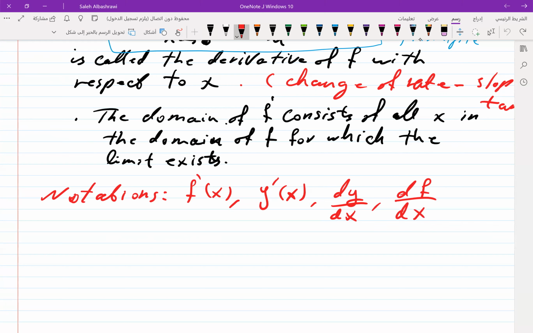These are notations used in general for the derivative of the function. If my variable is x, then it is df by dx. If my variable is time, I will write it as df by dt, depending on the independent variable that we have.